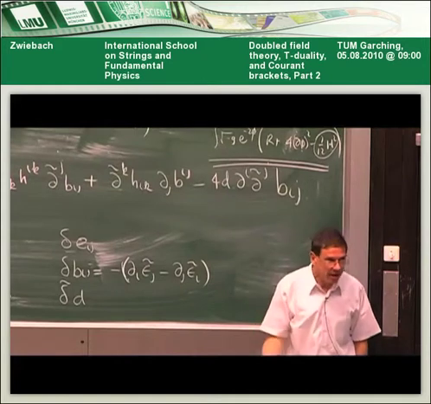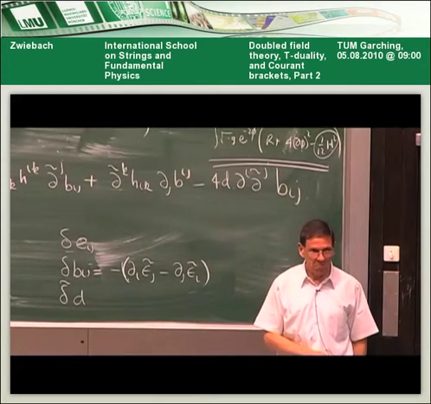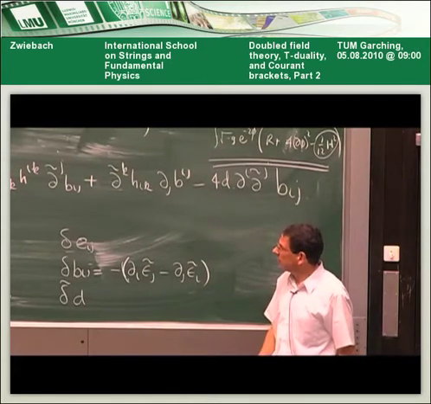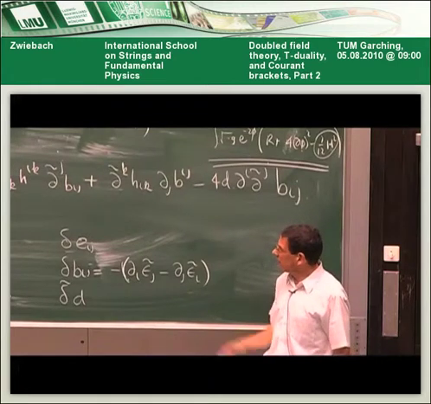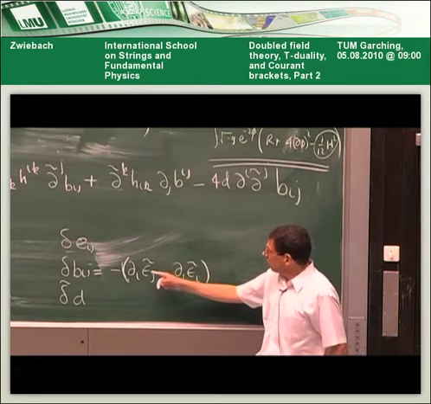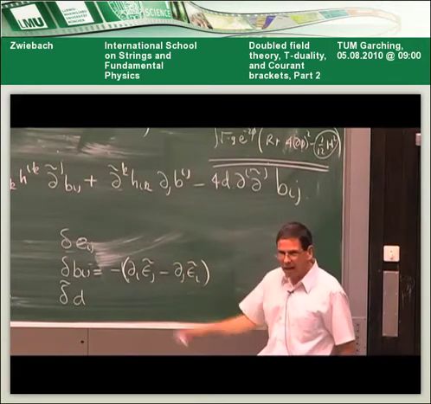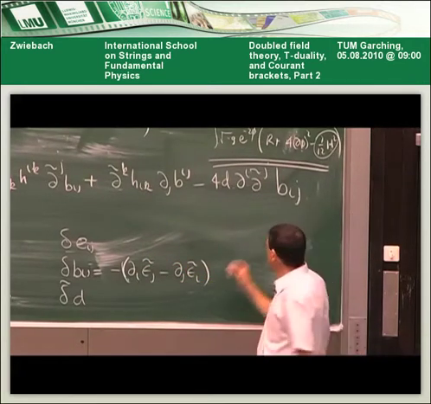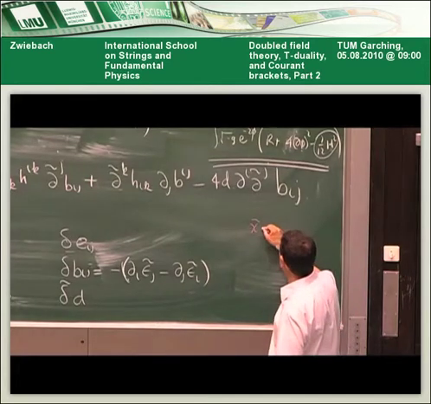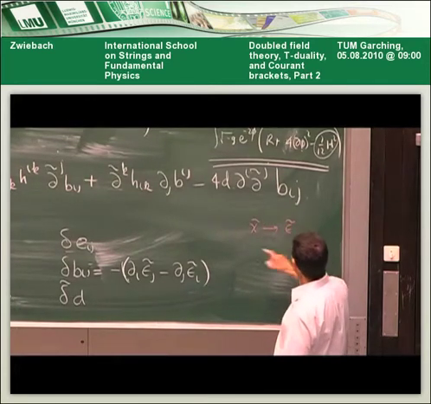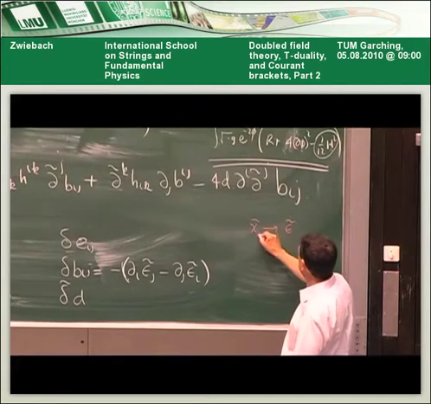And in the conventional theory, that would be all there is to it. But in this theory, the gauge parameters of Kalb-Ramond, which are E tilde, generate diffeomorphisms of the X tildes, because they have the same index structure.